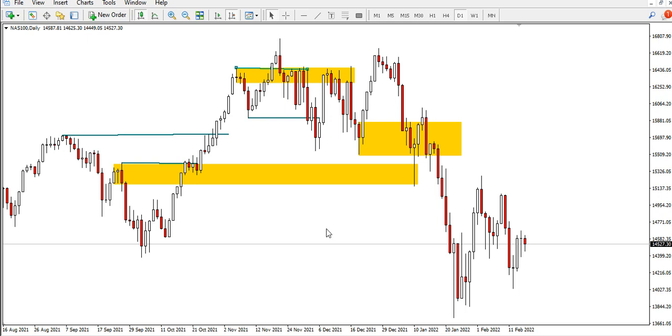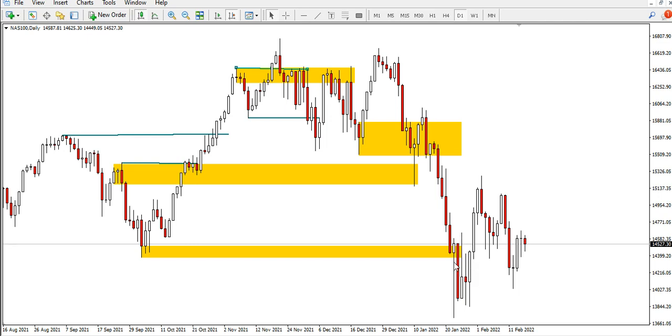We check the low of that macro structure, or the high for a sell, but in this case it is for a buy, so we have to check its high. Then this is the wick here, so you know about the story of a wick. I don't have to remind you of that now.